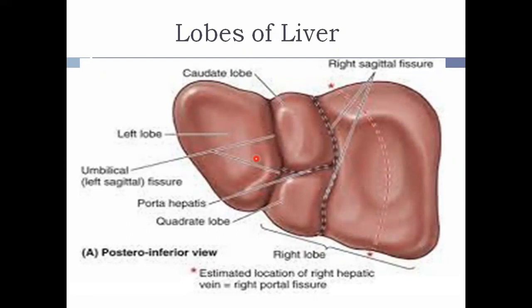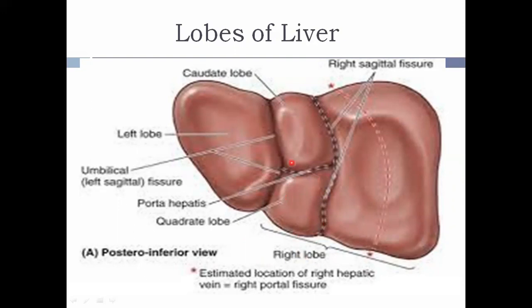A small introduction about the falciform ligament is that it is present exactly in between the right and the left lobe over the anterior surface of the diaphragmatic surface. This falciform ligament connects the liver to the anterior abdominal wall. So the falciform ligament demarcates between the right and the left lobe in the anterior surface over the diaphragmatic surface, right?